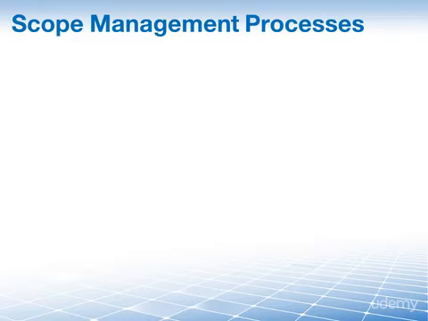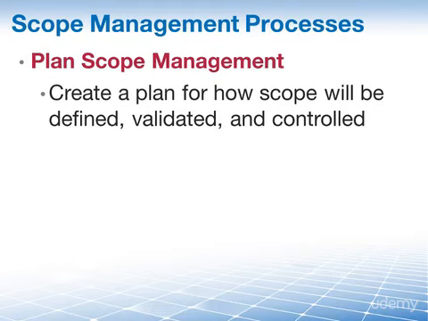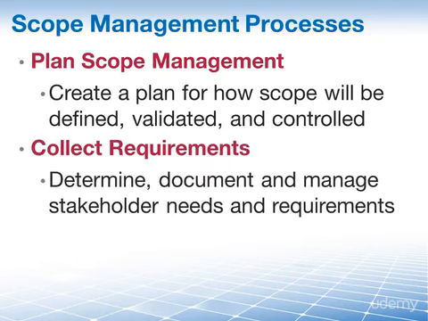As with so many other knowledge areas, it starts out with a planning process called Plan Scope Management. This is the process of creating a scope management plan that documents how the project scope will be defined, validated, and controlled. From here we move on to collect requirements.